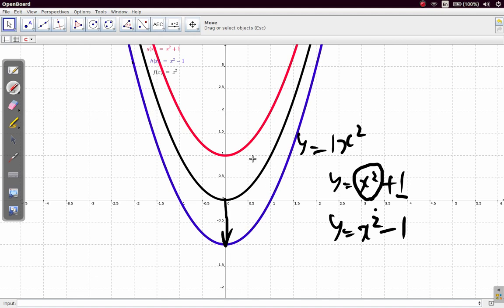What happened here at 1, this point, it moves down by 1 and it goes to 0, right? So every point on y equals x squared is moved downwards by 1 unit. Alright, so you can see that.